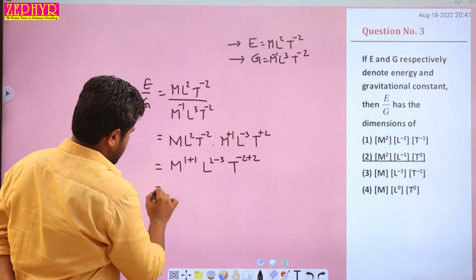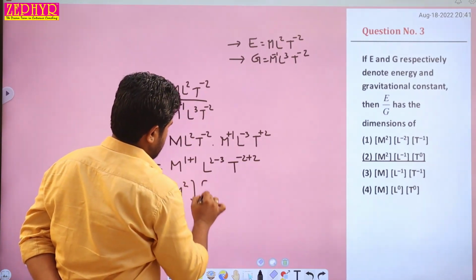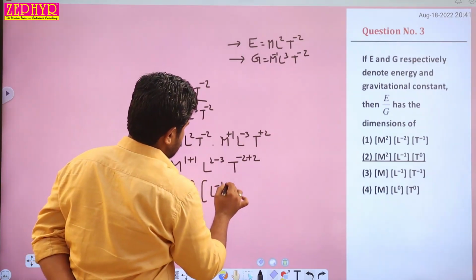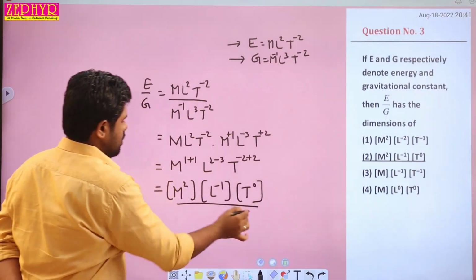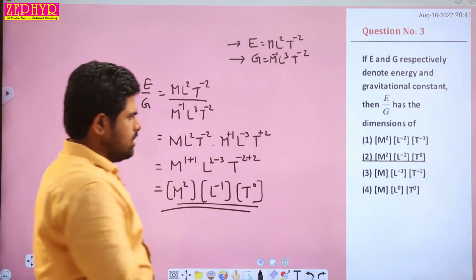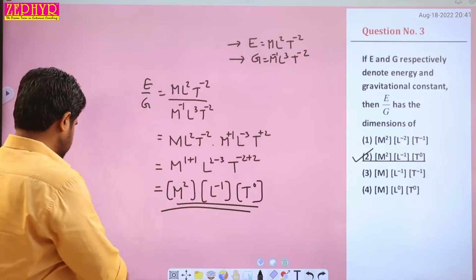Okay. So now the answer is m raised to 2, then L raised to minus 1, then t raised to 0. Okay. So this one is the correct answer. So here option 2 is the correct one.